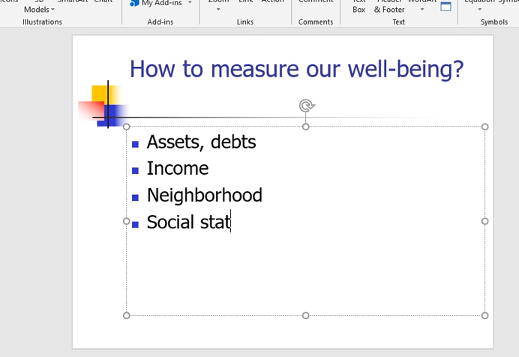Does he have very powerful friends? What kind of people does he hang out with? And then some of you will look at education. Generally speaking, the higher the education, the higher the income. Education is a good indicator of future income.